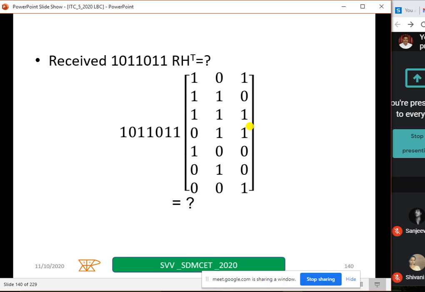Whatever syndrome you get, 3 bits, you can type in the chat box. Be active.